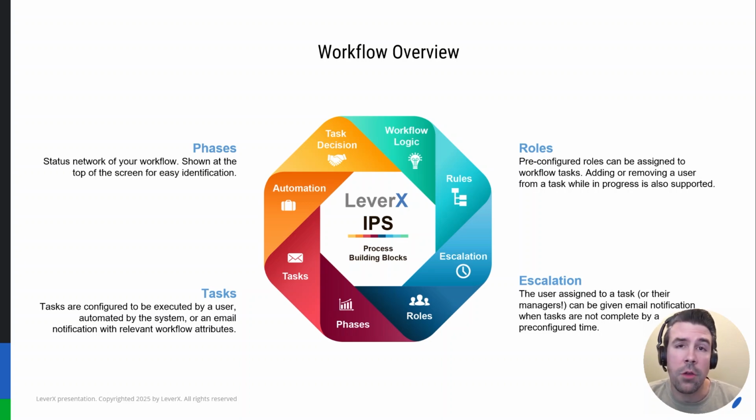We also have an escalation capability. So you might have a business process, and some users aren't getting to the task quick enough. So we can send out escalation emails based on configuration to end users to let them know that they need to move along in the business process.